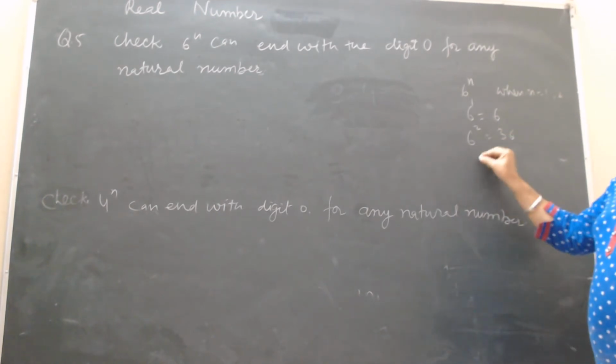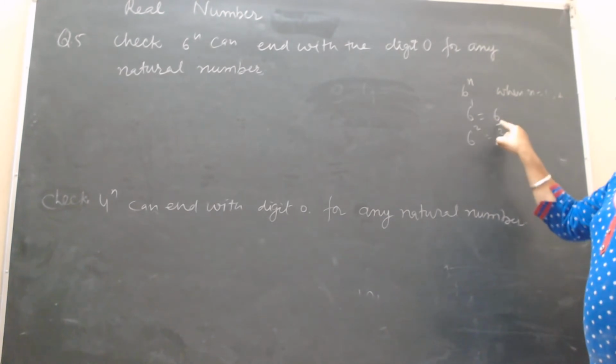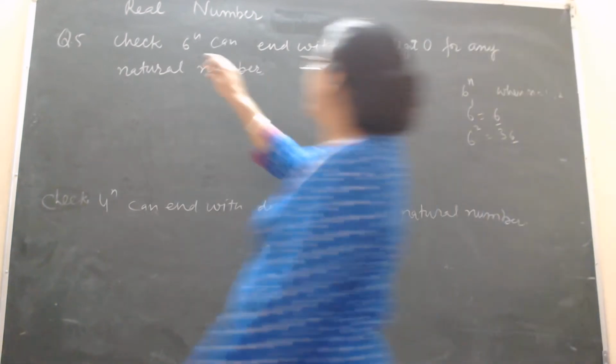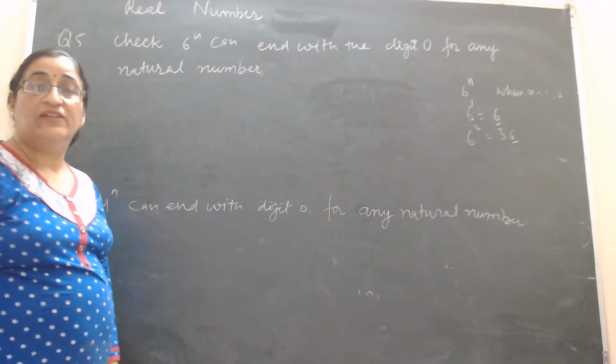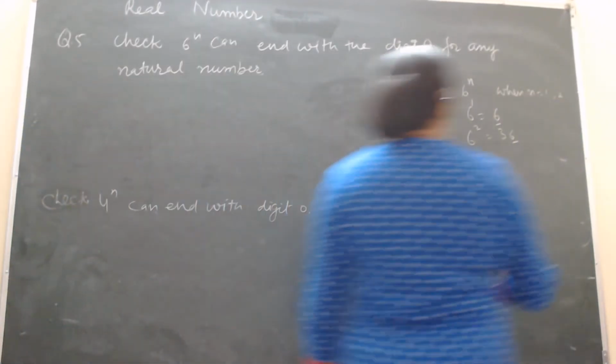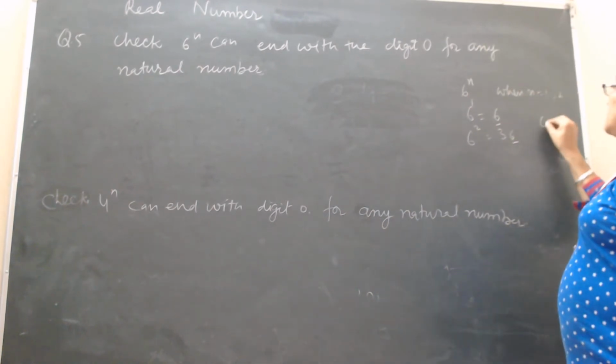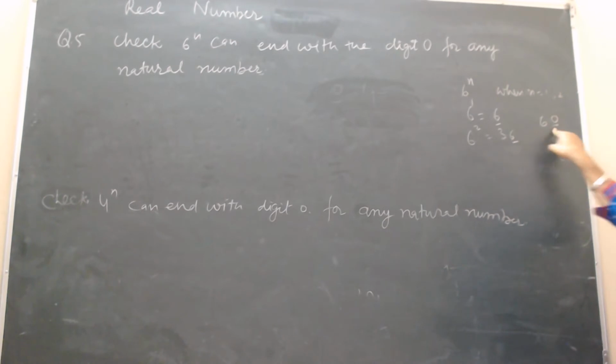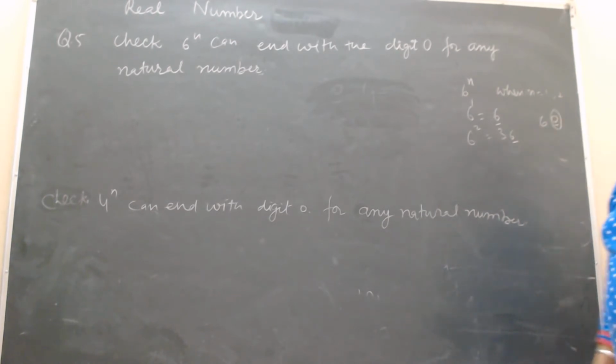So we observe that this number always ends with the digit 6. Digit 0 means our unit digit must be 0. That means if we take the number 60, its unit digit is 0.